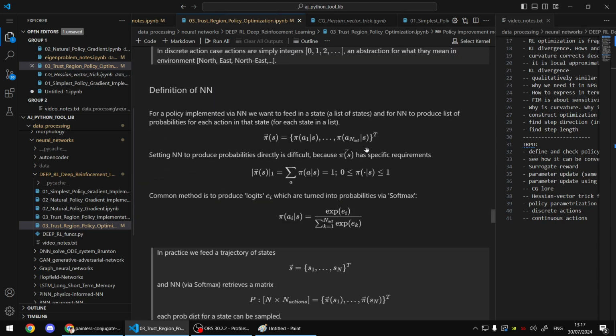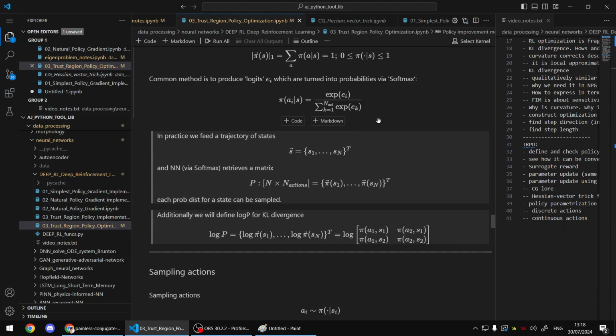That means that we have some dimensionality of input into the neural network, and then we have the dimensionality of how many actions there are in the discrete case, and it outputs the logits, numbers that are mapped through softmax into probabilities. In fact, you have to know all the probabilities, right? You have to ask for all the actions because you have to normalize it.